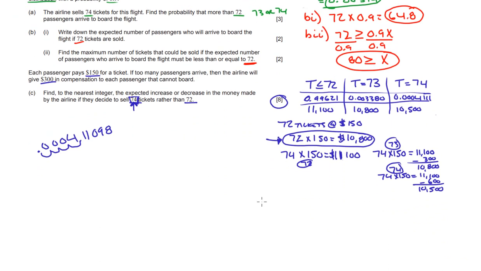So I'm going to take 0.99621 times, that's the probability, times 11,100. And then we're going to add to it the probability of exactly 73 happening, which is 0.003380 times how much we'd make, 10,800, plus probability of exactly 74 people showing up, 0.0004111 times 10,500.